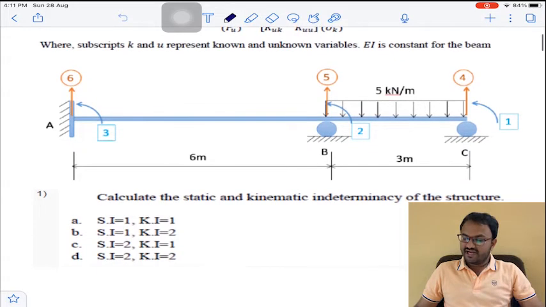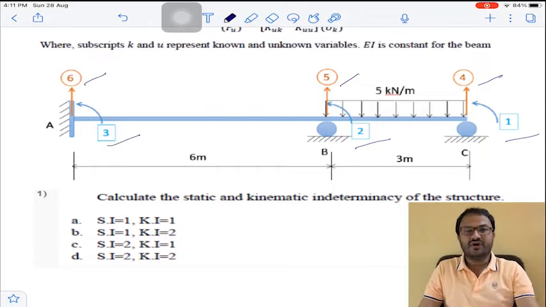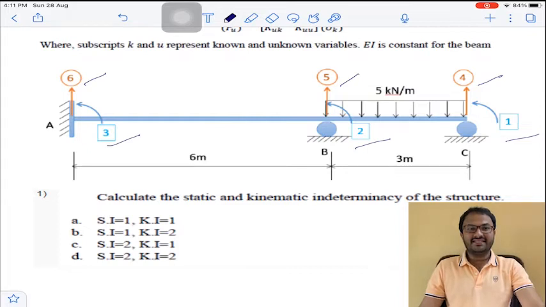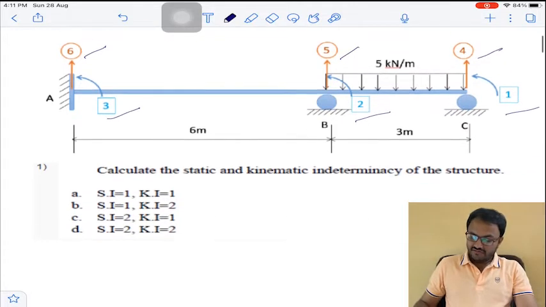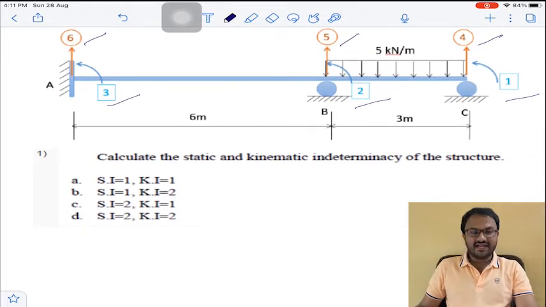He himself has assigned the coordinates: coordinate 1, 2, 3, 4, 5, 6. So there are 6 coordinates. When there are 6 coordinates, we will get a 6 by 6 stiffness matrix. Clear? We need to calculate the degree of static indeterminacy and the degree of kinematic indeterminacy in the first question.